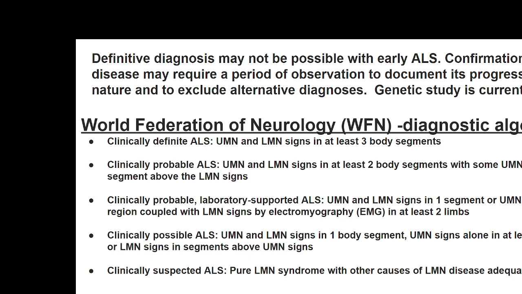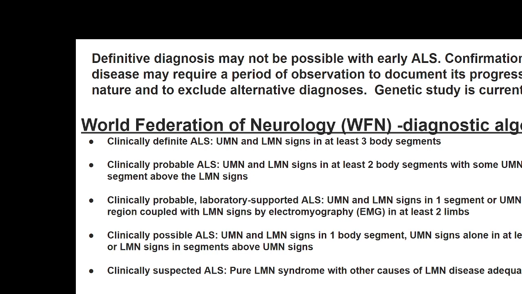Then clinically possible is where the patient has both upper motor and lower motor neuron signs, at least in one body segment. The upper motor neuron signs would be slightly increased reflexes, or the reflexes may be exaggerated, or maybe slightly normal. But the lower motor signs are quite prominent, and the patient may show mild atrophy also, but EMG studies may be normal.